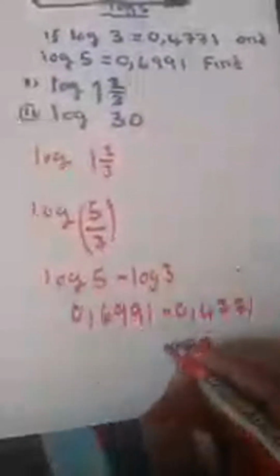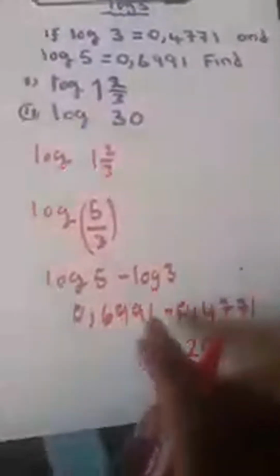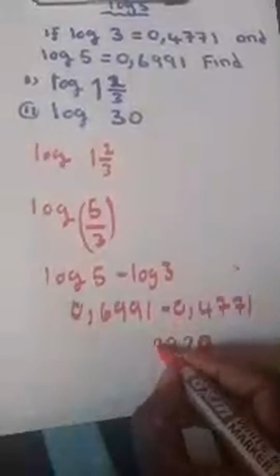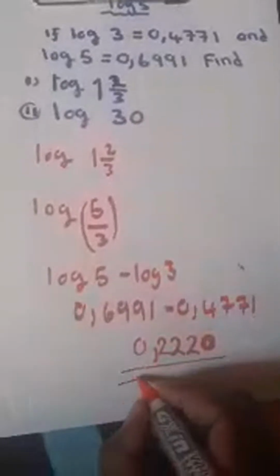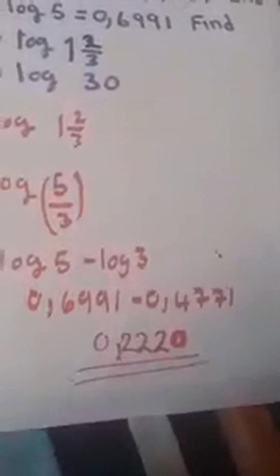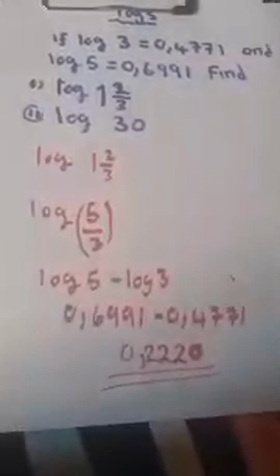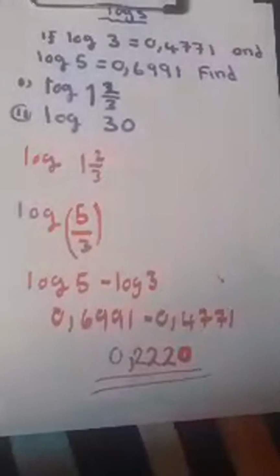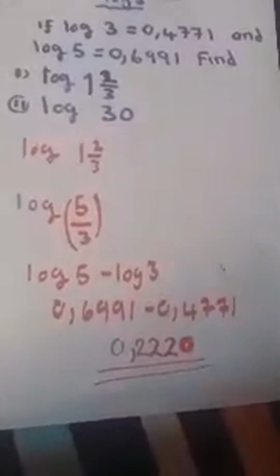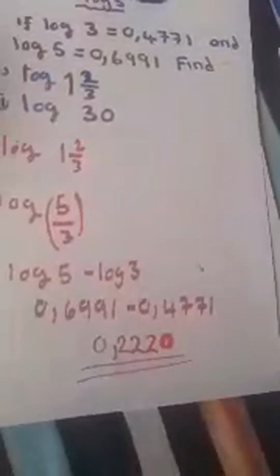Then 9 minus 7 again, we get 2. Then 6 minus 4, we get 2. So the answer will be 0,2220. That's log 1 and 2 over 3. The first step was to make 1 and 2 over 3 an improper fraction.